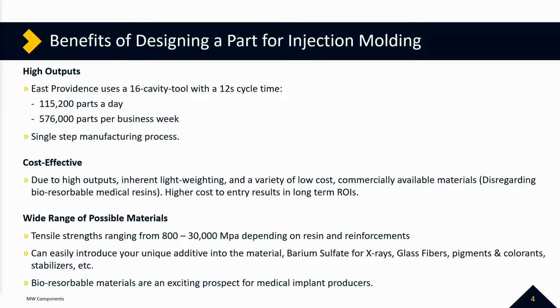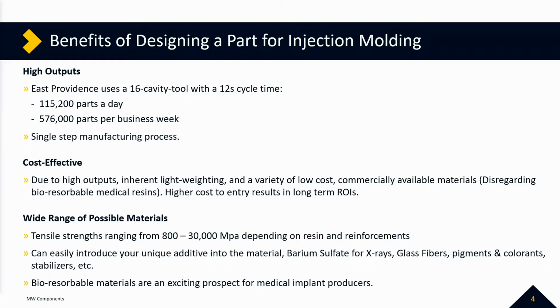The wide range of materials includes tensile strengths going from anywhere from like 800 megapascals to 30,000 megapascals, going from elastomers to polyether imides, materials like that. You can easily introduce your unique additive. We take a lot of resins in and send them out to a compounding house where they take a neat base plastic material and compound in something like barium sulfate, for instance.